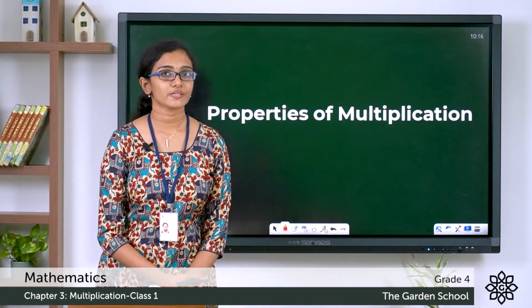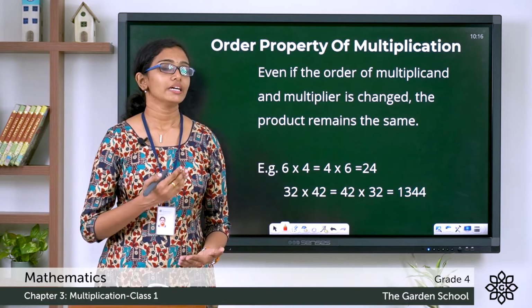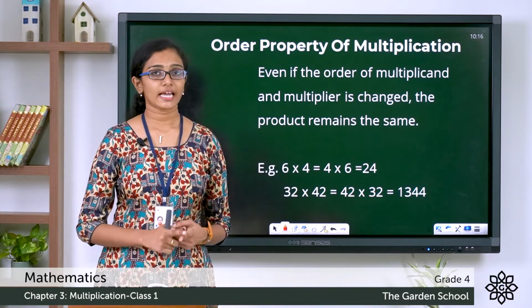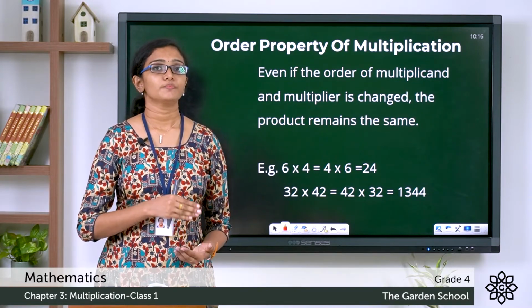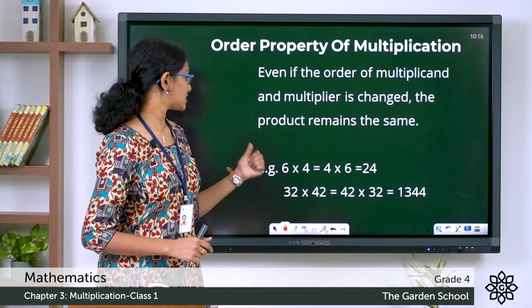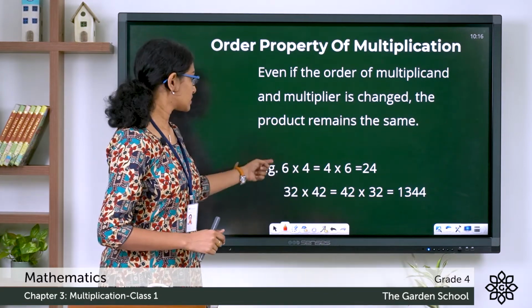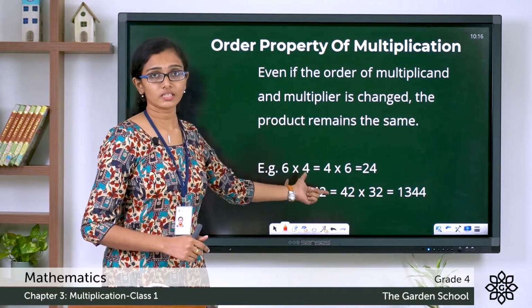Let's see some properties of multiplication. The order property of multiplication. It states that even if you change the order of the multiplicand and the multiplier, the product remains the same. For example, here is 6 into 4. It means the number 6 is added 4 times, and 6 into 4 we know it is 24.